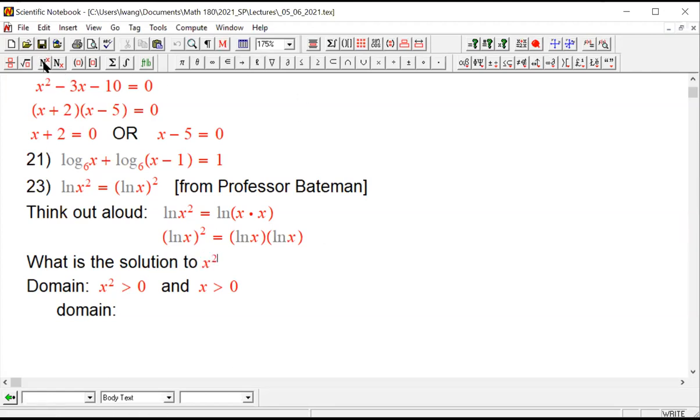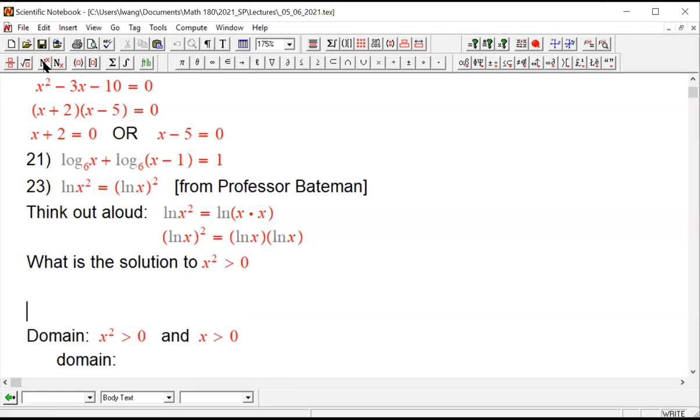Just out of curiosity, I want you to tell me that answer. Suppose you're not dealing with this end situation. What is the solution to this? All real numbers. All real numbers include 0.